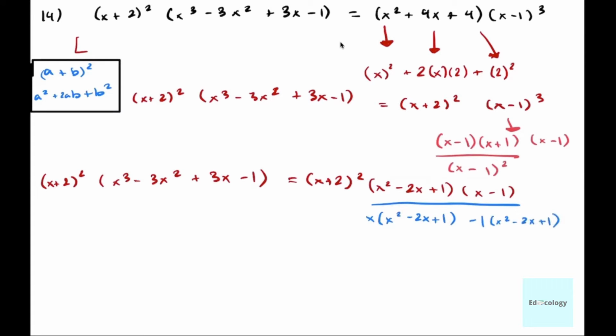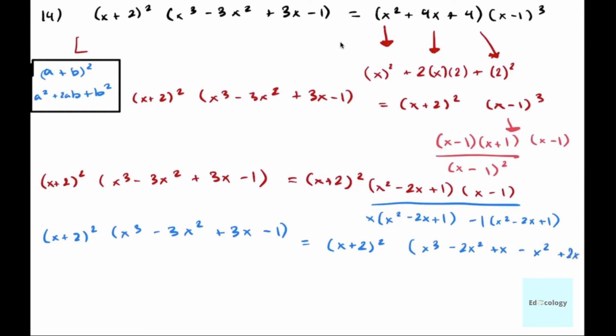And our answer will be (x plus 2) squared times (x cubed minus 2x squared plus x minus x squared plus 2x minus 1).